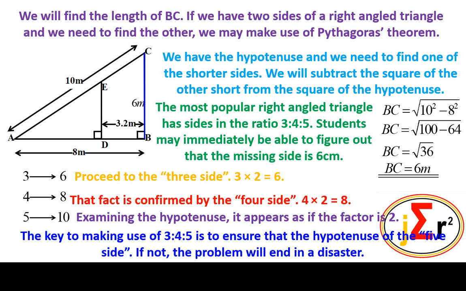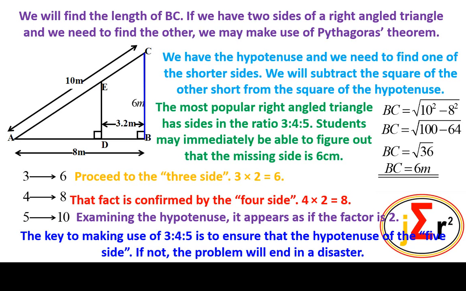The key to making use of a 3, 4, 5 right-angled triangle, of course, the sides are in the ratio 3 to 4 to 5. The key in using that method is to ensure that the hypotenuse is the 5 side. If not, the problem may end in a disaster.